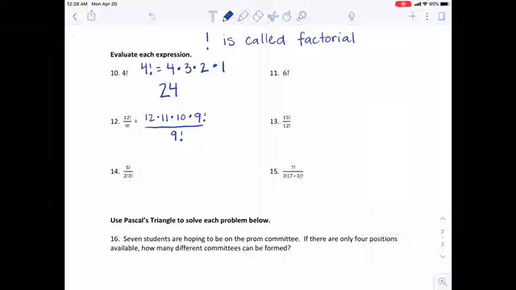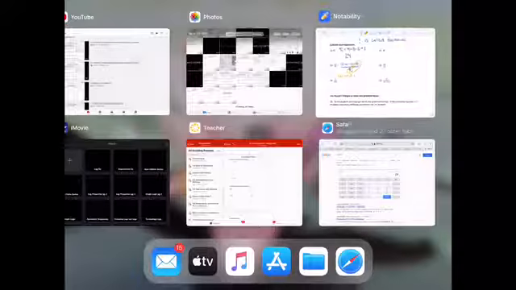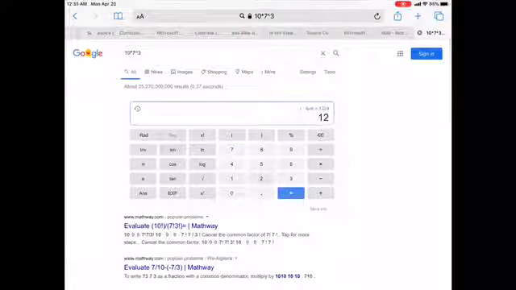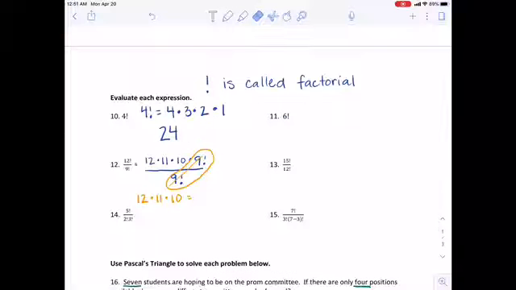Now, I don't know what 9 factorial is, but I know that if I have a 9 factorial on top of the fraction and a 9 factorial on the bottom, they'll cancel each other out. And this problem becomes 12 times 11 times 10, which, if I type that into my calculator, equals 1,320. So I know the answer is 1,320.